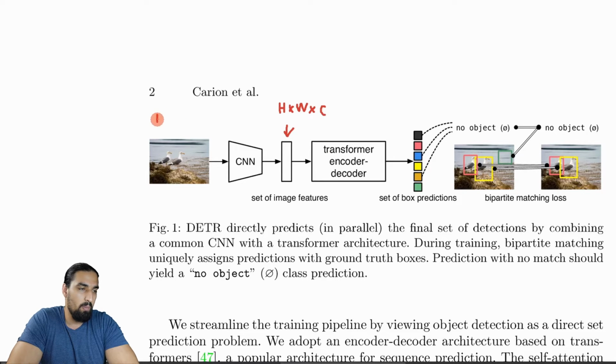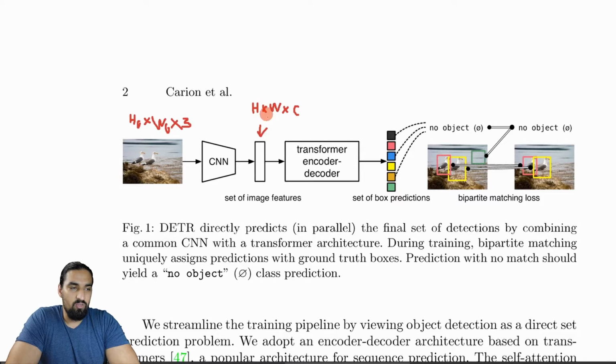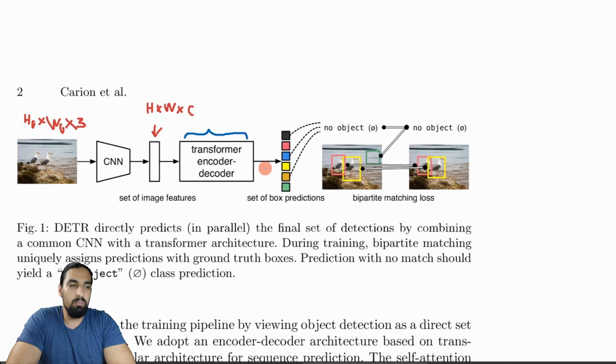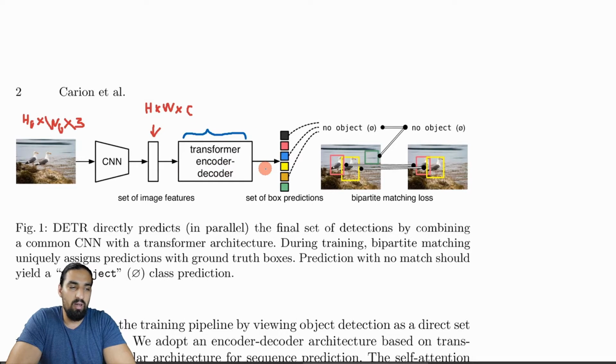Initially we have H0, W0, and 3 in the case of RGB images. After we have these feature maps, we flatten them out and pass them as tokens into the transformer. Later we'll unpack how this works in the next diagram, but for now stick with me. We process all of these tokens similarly to the vision transformer. You can treat it that way.